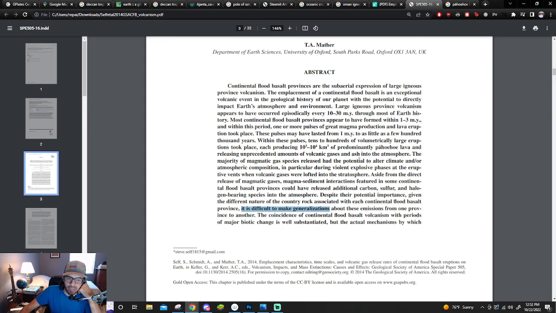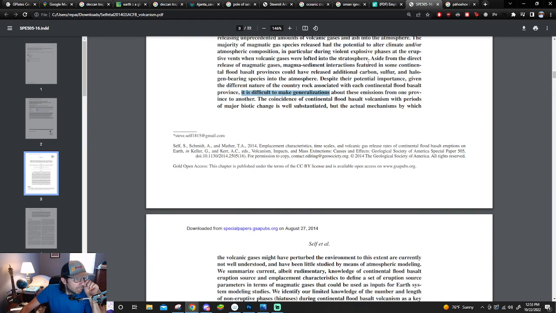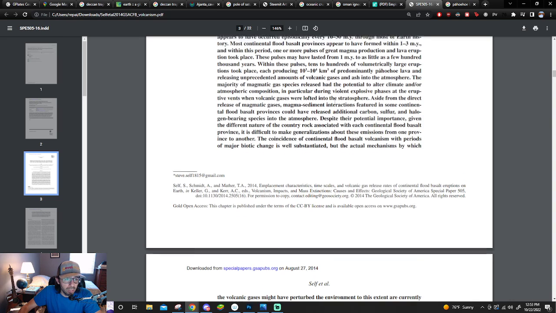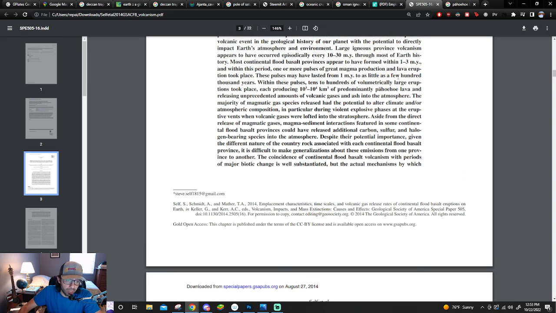They're not the same emissions, they're different wavelengths. So we can generalize that they don't have the same characteristics across them because they're probably different phases in the decay process of the Earth.